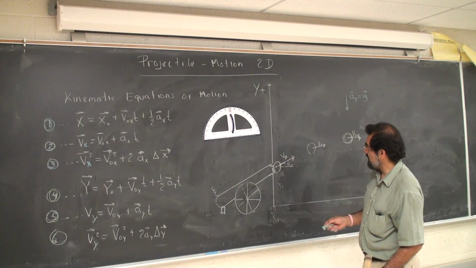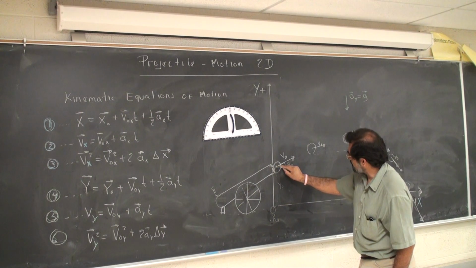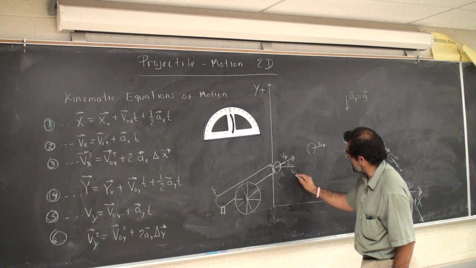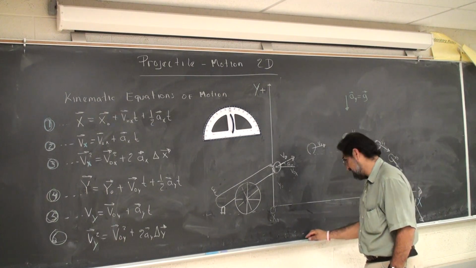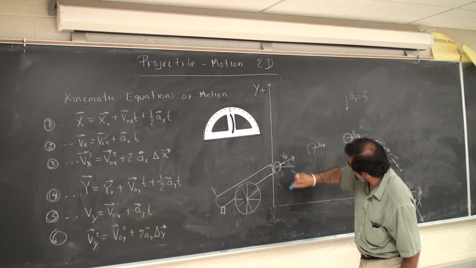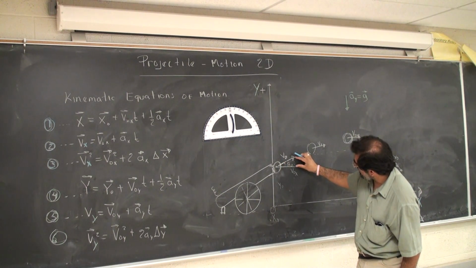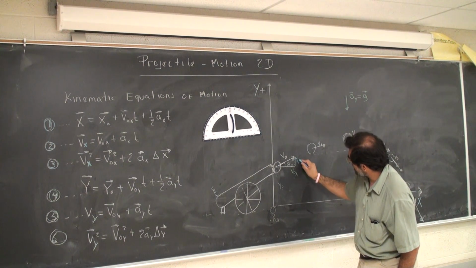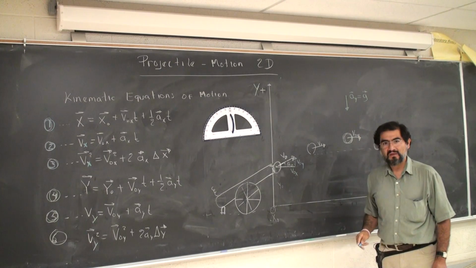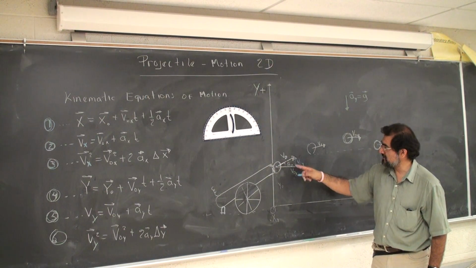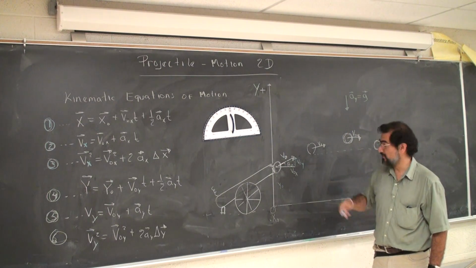So using x, I can find the component of the initial velocity in x. And in blue, I'm going to project on this board. I can use this part or this part. In fact, I'm going to use this one. This is my initial velocity component in y. So you can use the total initial velocity or the components.